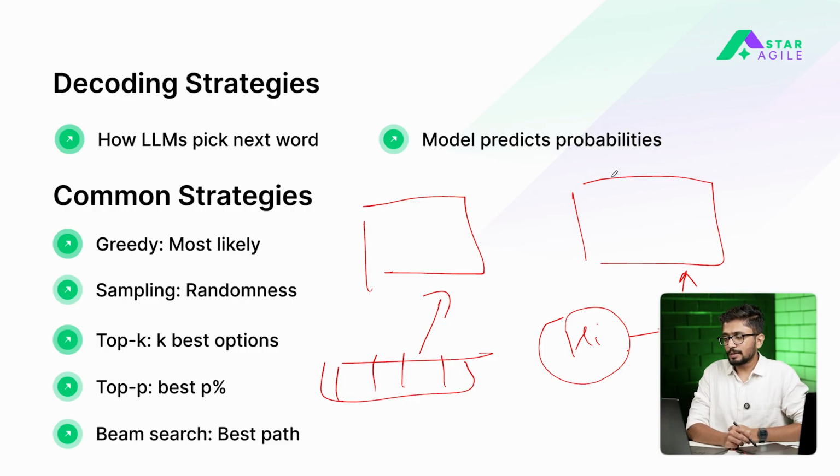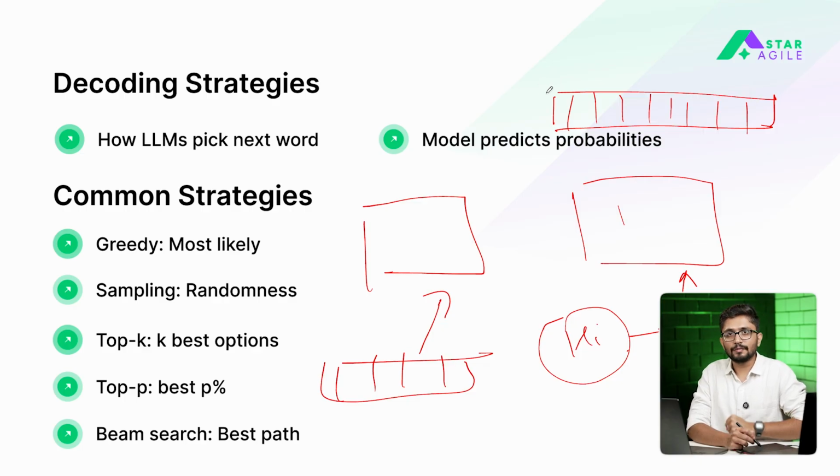Remember, each language model has its entire vocabulary, which is all the individual tokens that are available to be predicted. What the language model does is create a probability distribution across all the available vocabulary tokens, right? Each of these tokens will get a probability.